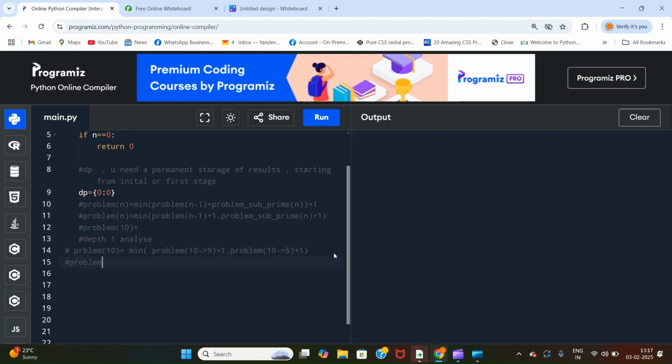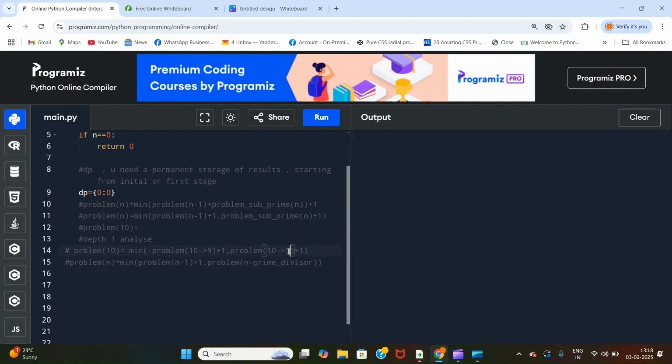तो I can write now problem of n is equal to minimum of problem of n minus 1. Okay, going to n minus 1 step, or +1 comma problem of, that is problem of n means your actual number जो आपको number input पे दिया गया है. Okay, so that number minus your prime divisor.